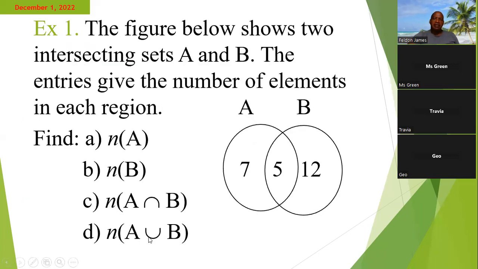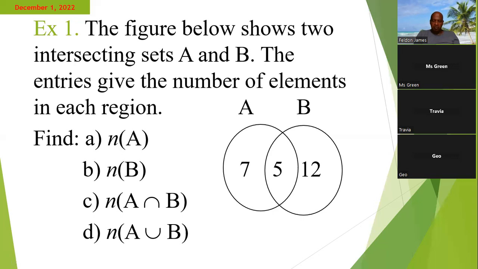All right, now let us look at this question and see whether or not we are able now to figure out what the answer is supposed to be. All right, so I'm going to give you a little time just to try to figure out what is happening here, and then I'll walk you through the question.